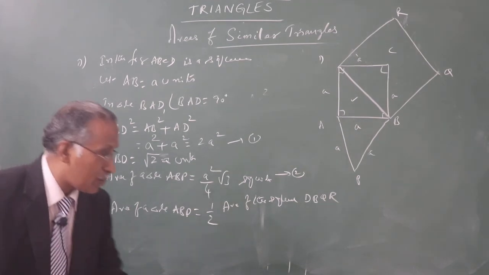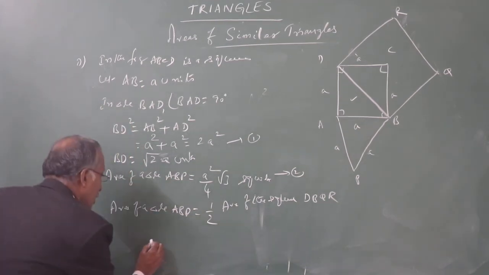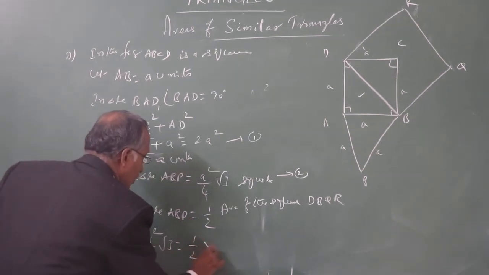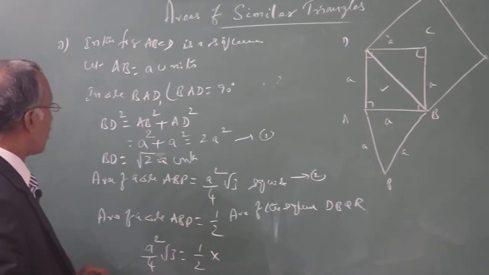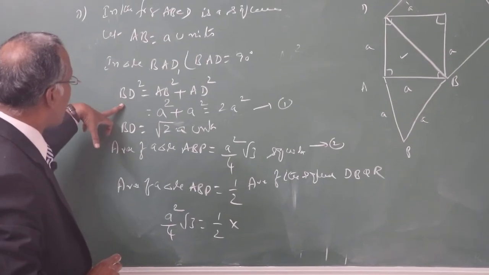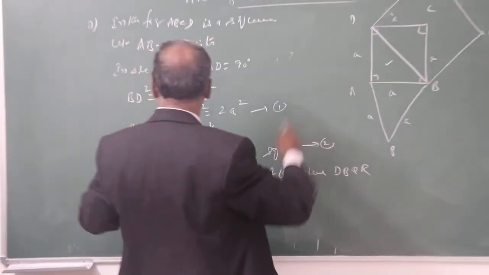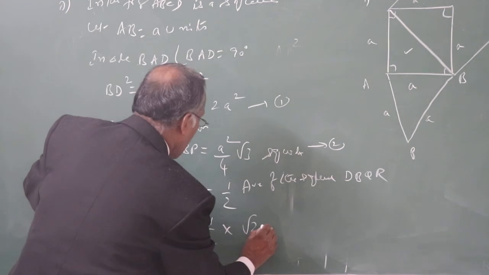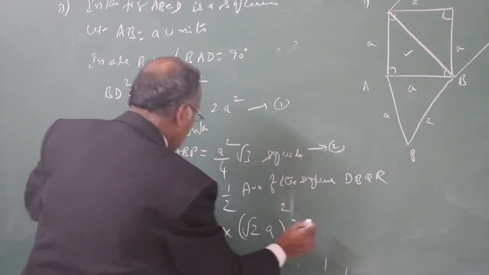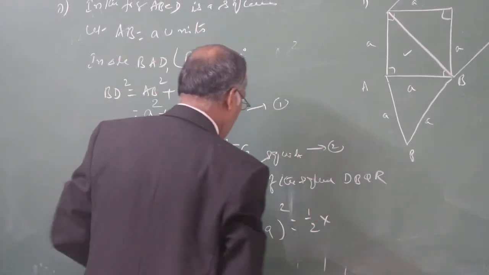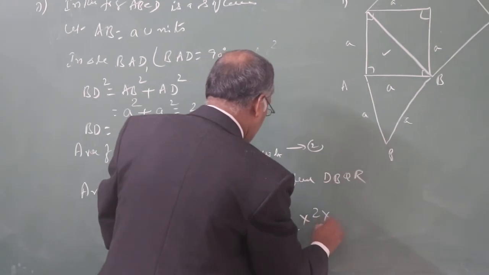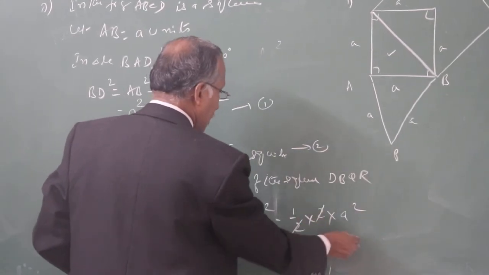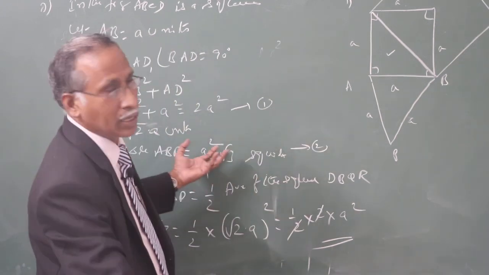The area of the triangle ABP is A square by 4 into root 3, equals half into area of the square. Area of the square on BD means BD, which you have got. Substitute this, then you get root 2 into A whole square. Simplify: half into root 2 whole square is 2 into A square. Then you can see both the areas are equal. This is the way you have to do the sums.